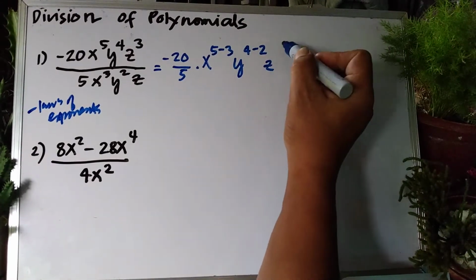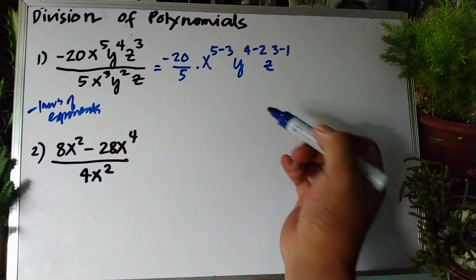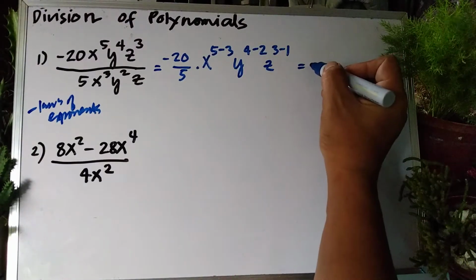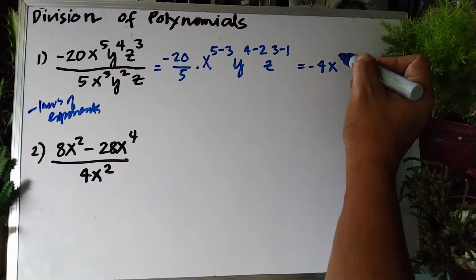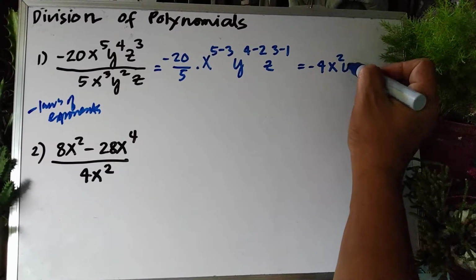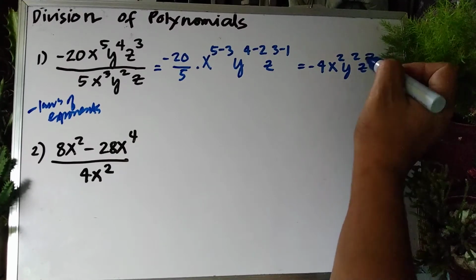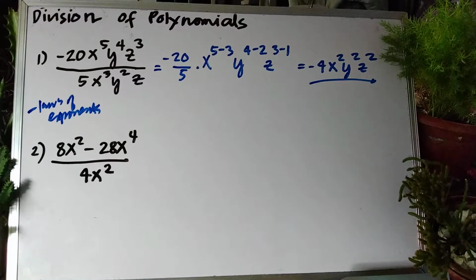Saka z, 3 minus 1. So, what is negative 20 divided by 5? Negative 4. Then, simplify: x to the power of 2, y to the power of 2, and z to the power of 2. That's it. That's your final answer.